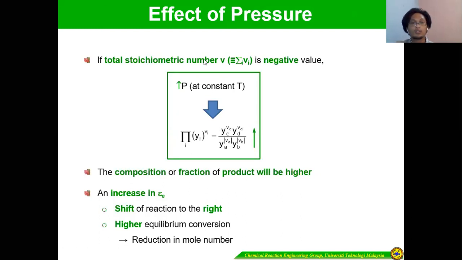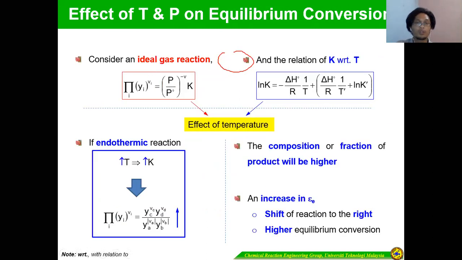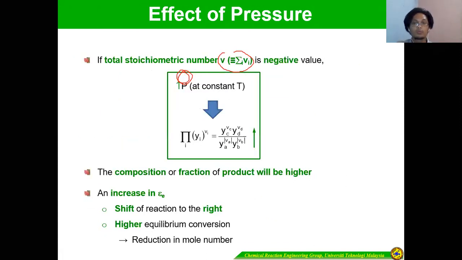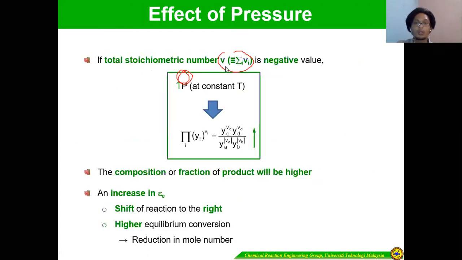For the total stoichiometry number, look at here. If you calculate the stoichiometry number, if you remember from the previous equation, we have the stoichiometry number, the total. So we check this one. If we check, your v is negative.